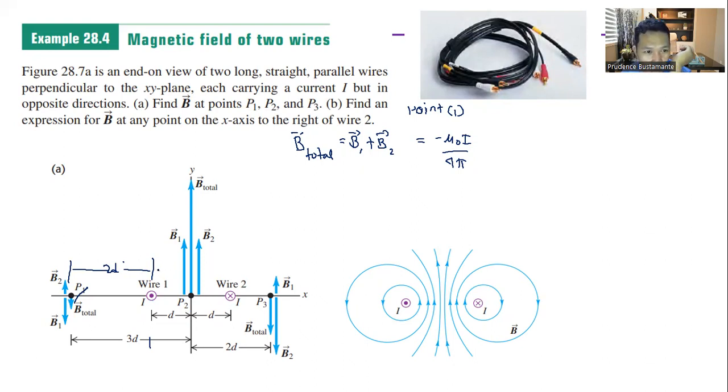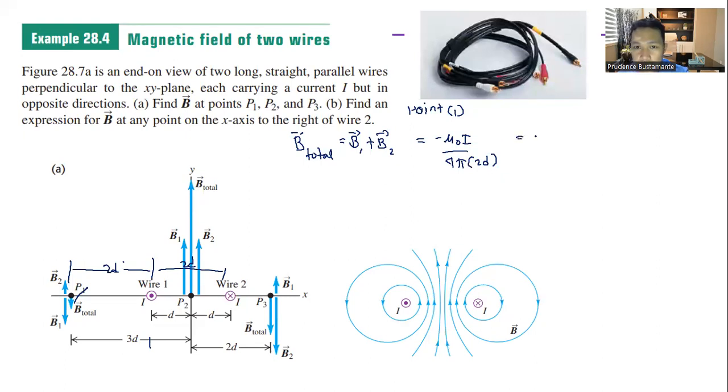So meaning from wire two we have 4D. So for B1, we have the distance 2D.